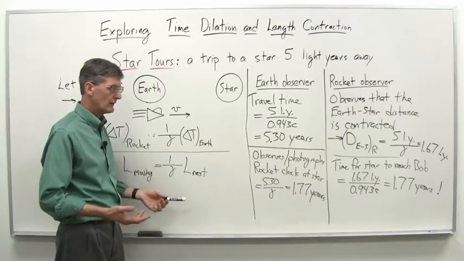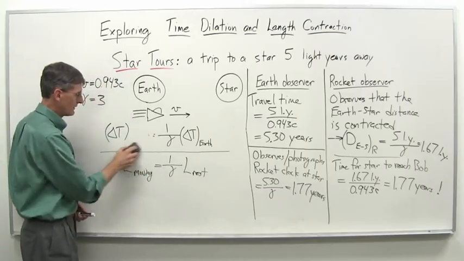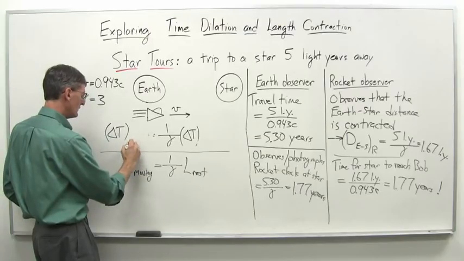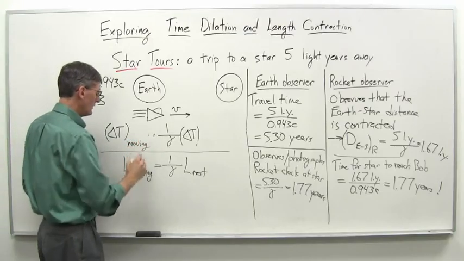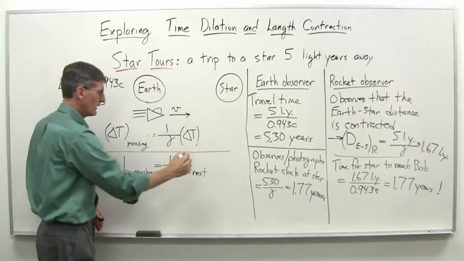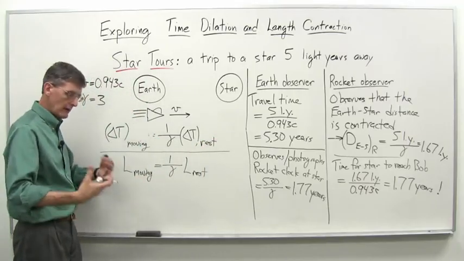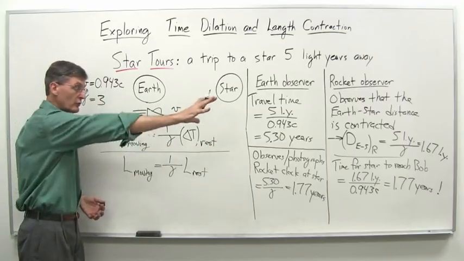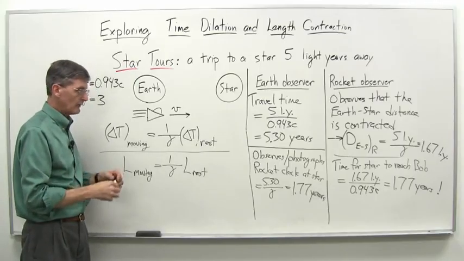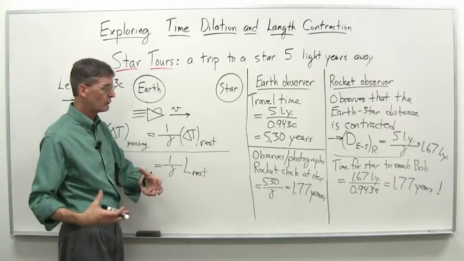Well, time dilation applies. The exact same relationship applies here, except let's make it a little more general from what we had before. So it's delta t moving. In other words, I'm observing a clock in a moving frame of reference. And this is rest. So if I'm at rest, I'm observing my clock in my frame of reference, and then I observe a moving clock. That moving clock is going to run slow by the factor of gamma. So Bob, in his frame of reference, has his clock there in the cockpit with him.